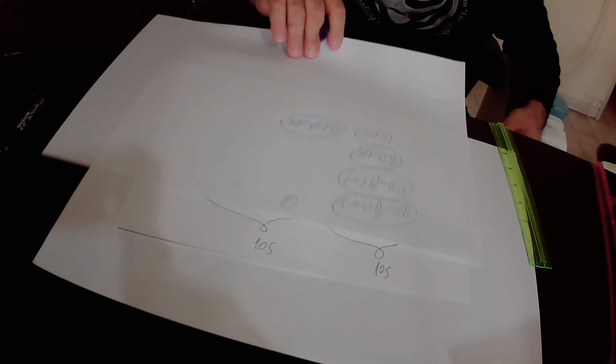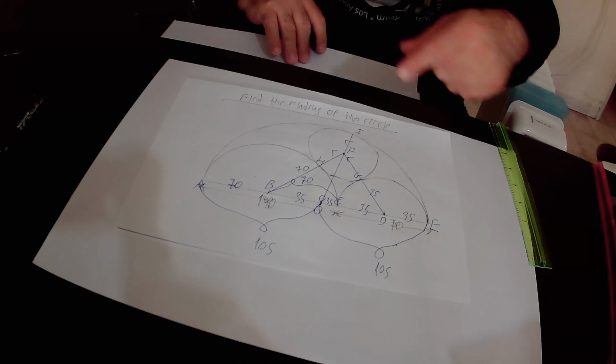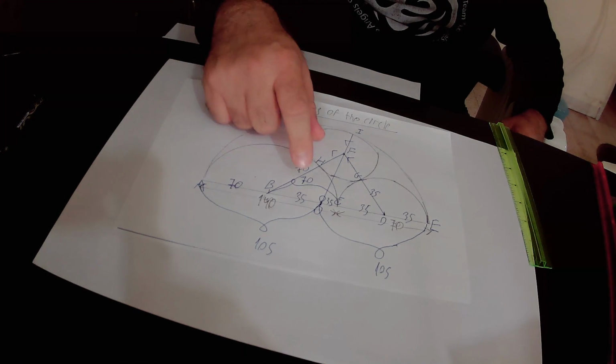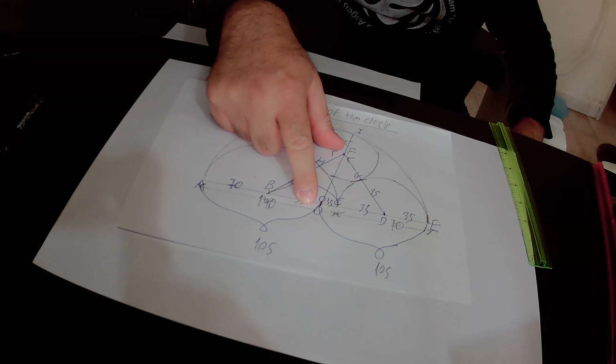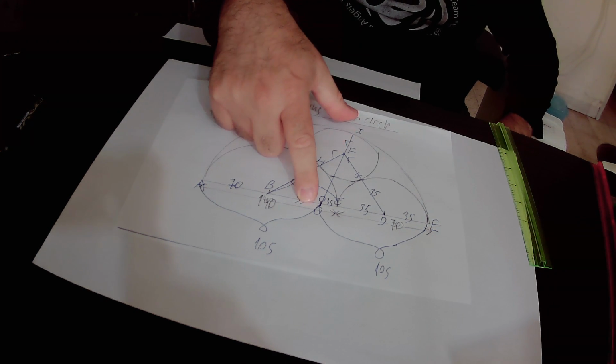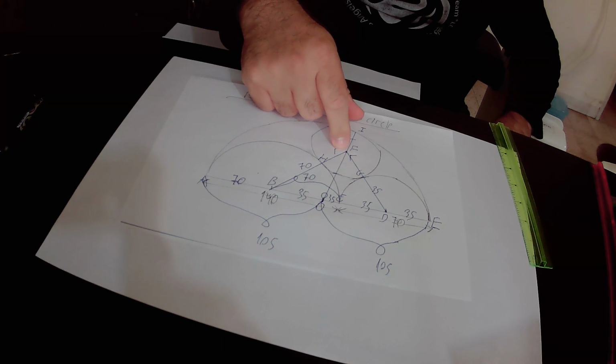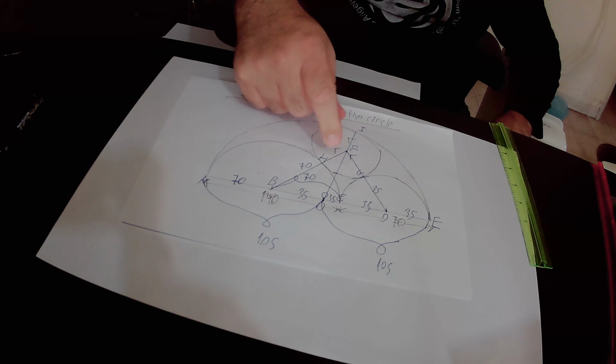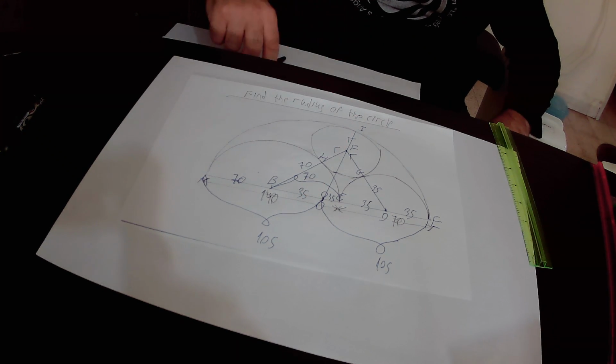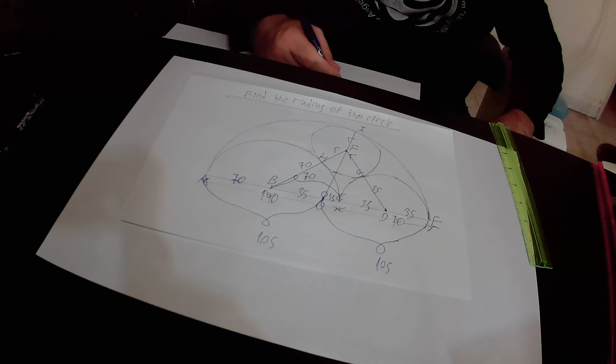And what is the length of line segment FO? The length of line segment FO equals OI minus FI. Again, FO equals OI minus FI.